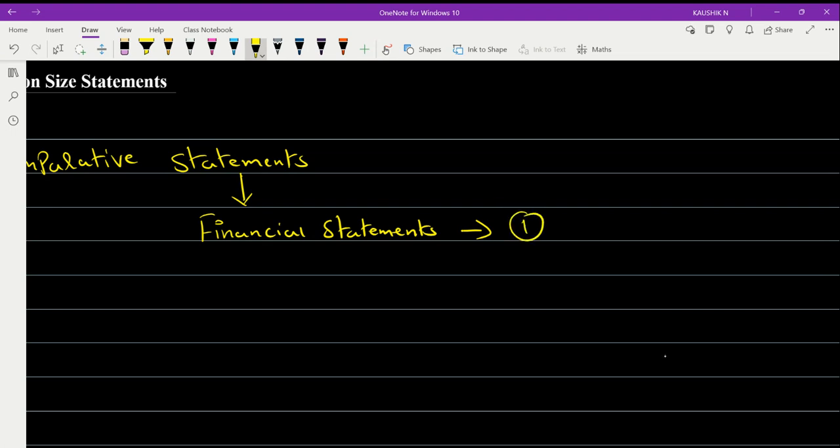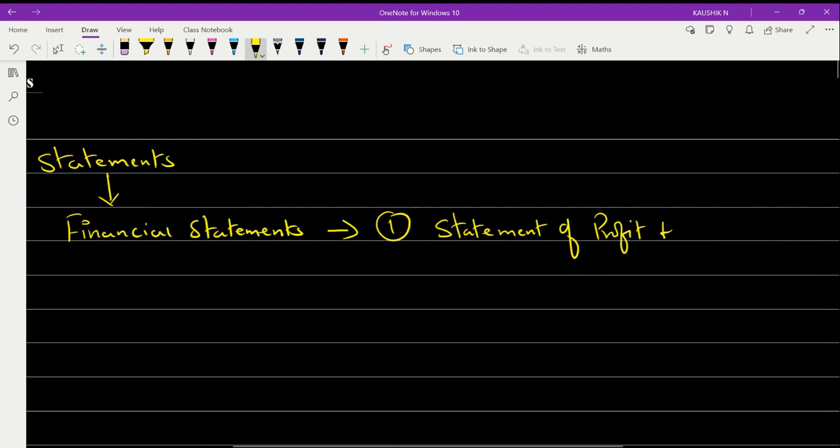Number one, the statement of profit and loss. So the statement of P&L is a financial statement.